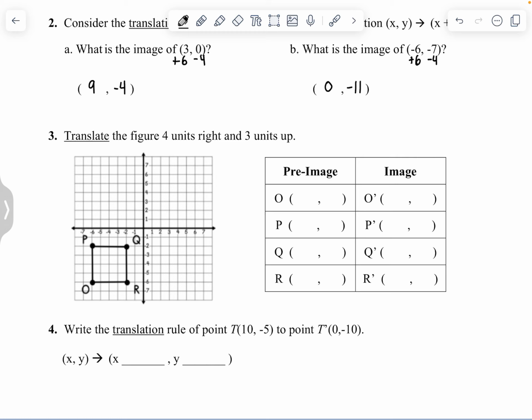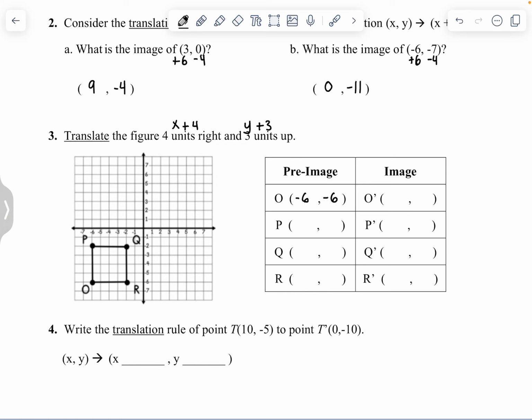Translate the figure 4 units to the right, so plus 4, and 3 units up, plus 3. So x plus 4, y plus 3. Our pre-image is at these points. Let's start with O. O is at (-6, -6).